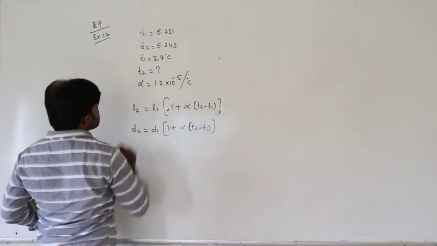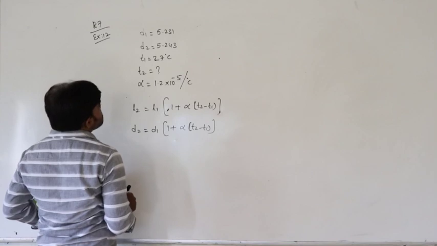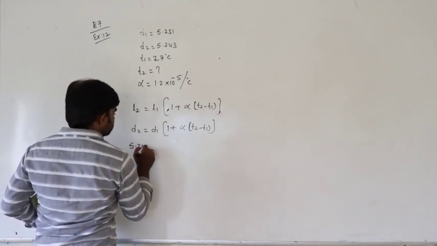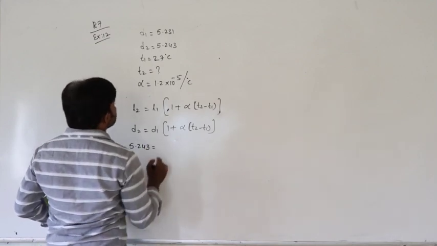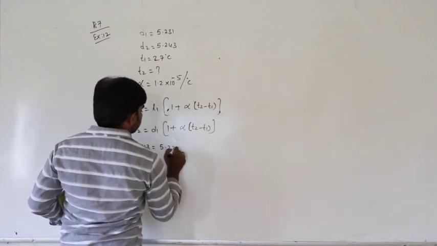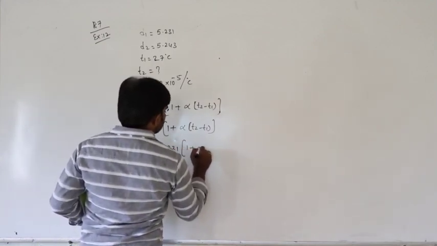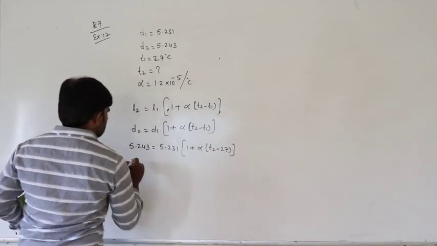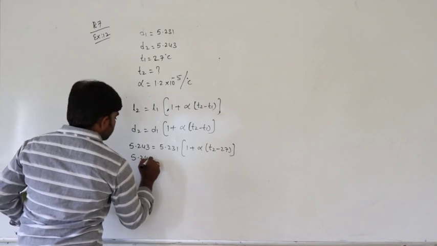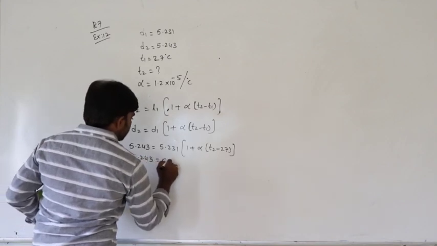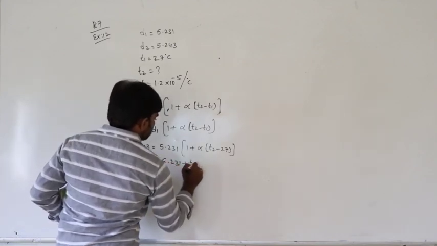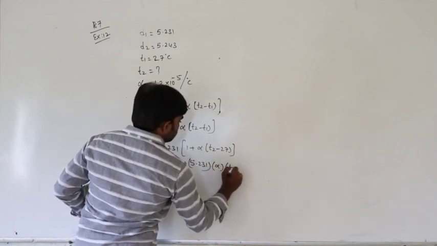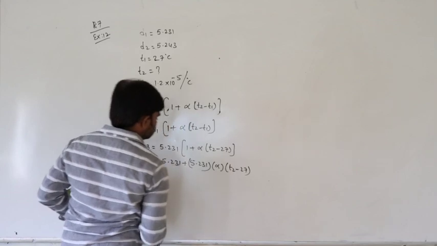So D2 is 5.243, equal to 5.231 into 1 plus alpha into T2 minus 27.